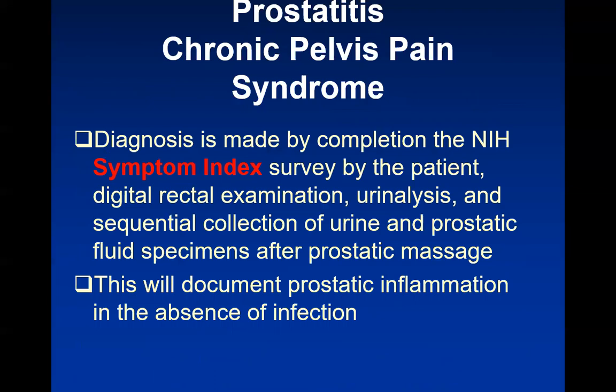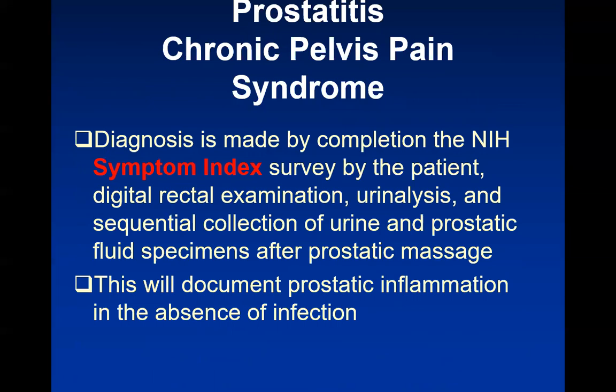All right, in the US they take it pretty seriously. To diagnose it, you need to complete an NIH, National Institutes of Health, Symptom Index. That's surveyed by the patient and also by the physician, and from the tests that you have done on the patient.